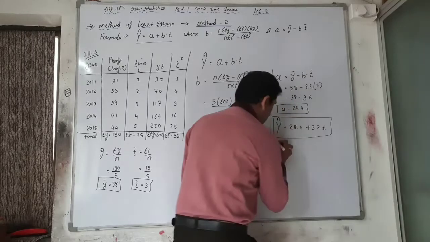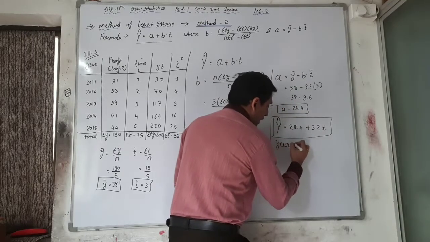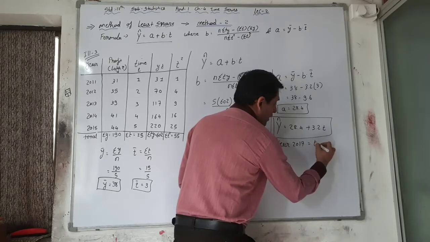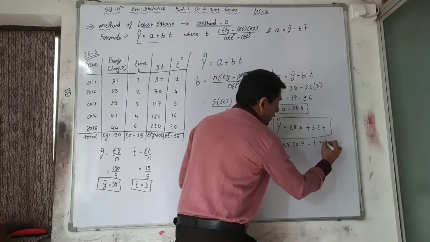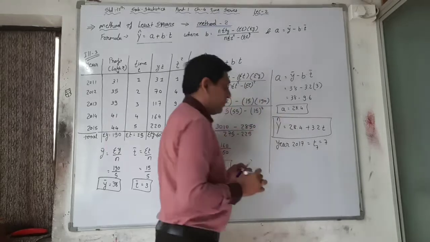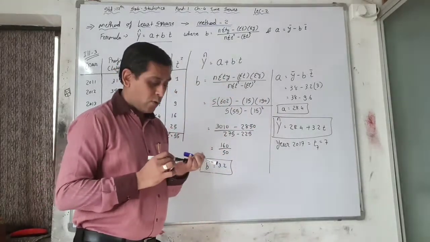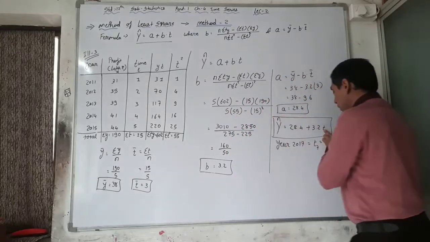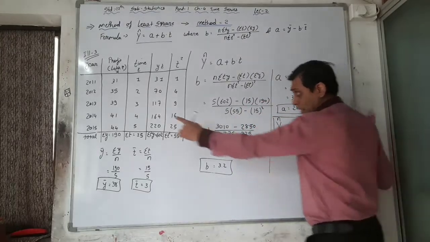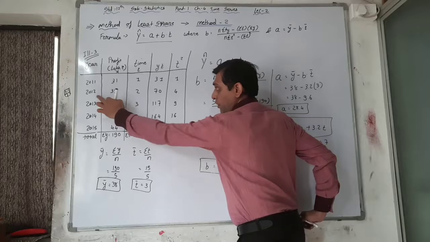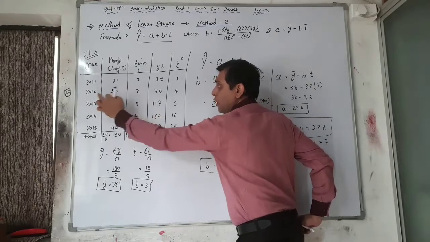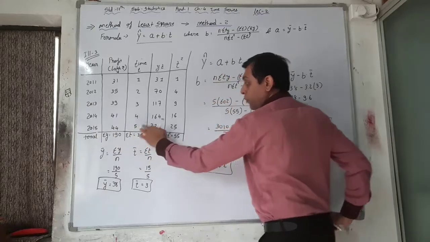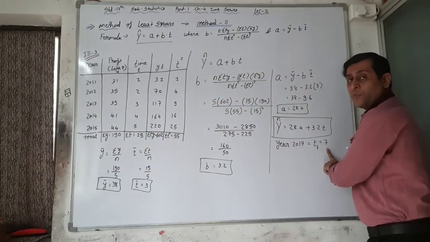So here you have to write that year 2017 is equal to T is equal to 7. We have to take T is equal to 7 because 11 is equal to 1, 12 is 2, 13 is 3, 14 is 4, 15 is 5. Then 17 is equal to 7.